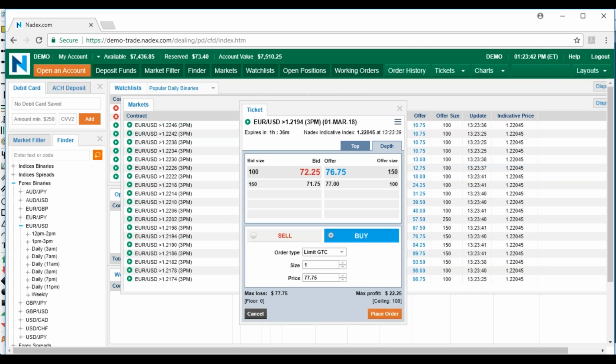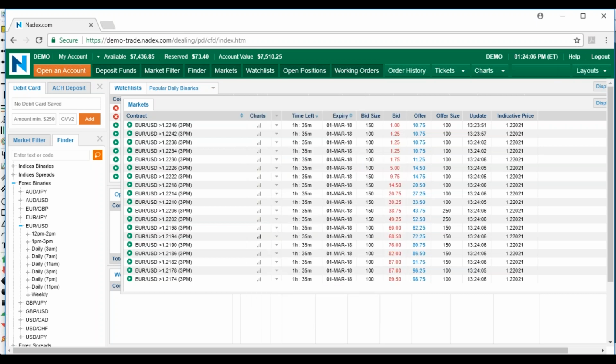We don't like that risk-reward ratio. We don't want to risk 3 to 1. We don't want to risk 75 to only make 25. We'd like to get closer to a 1-to-1 risk-reward ratio, meaning can I risk 25 to make 25? Everybody agree?